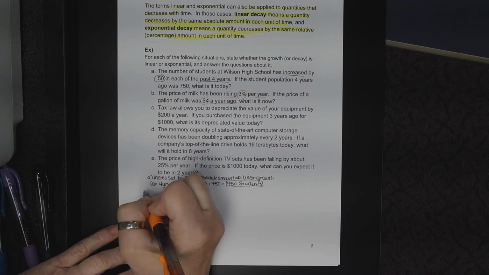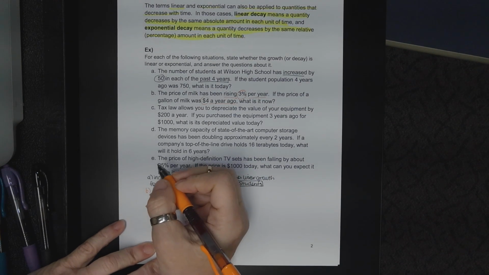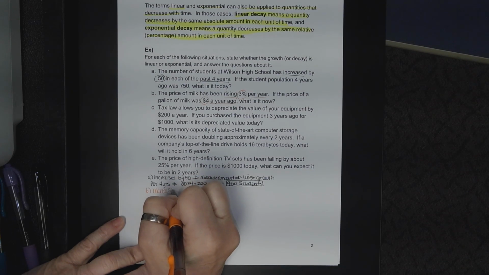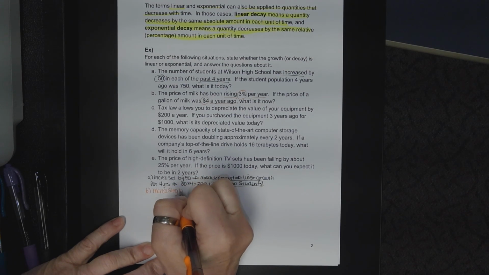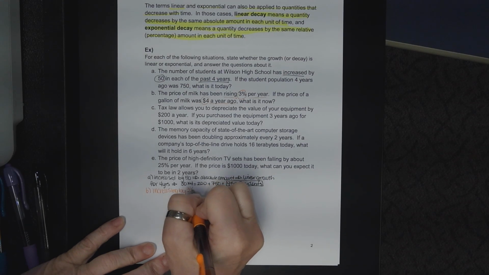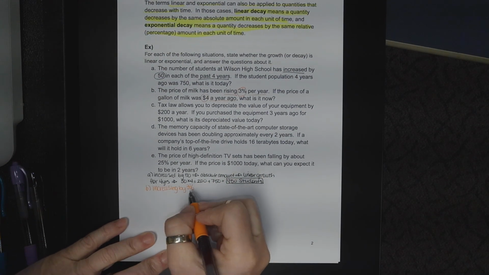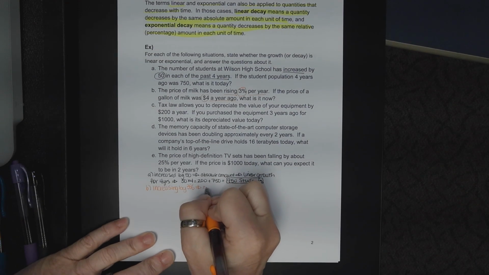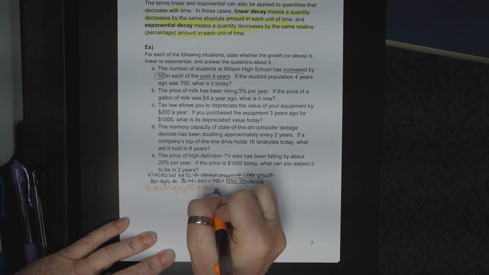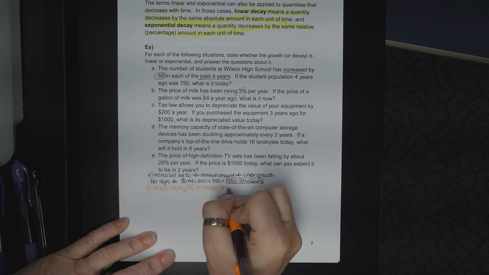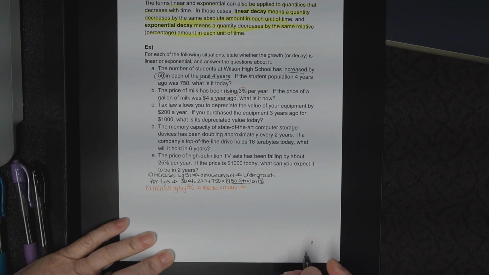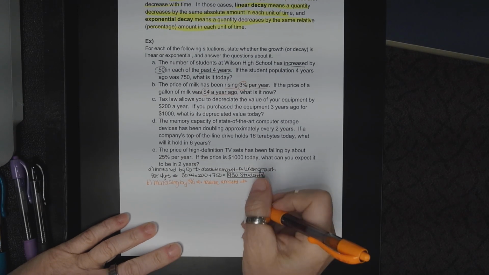So let's look at B. So it's increasing by 3%. So since it's a percent, we know that that's a relative amount. And a relative amount suggests what? Exponential growth.